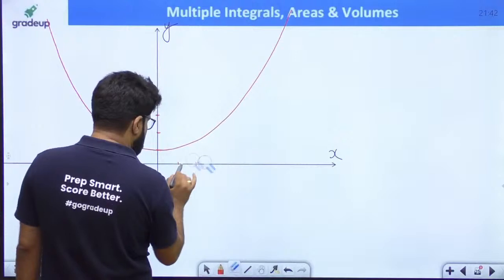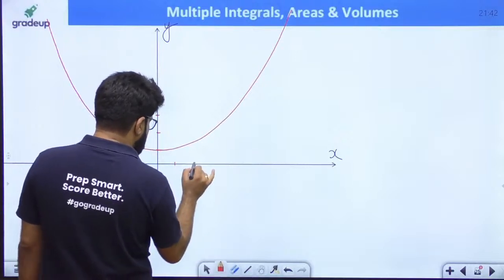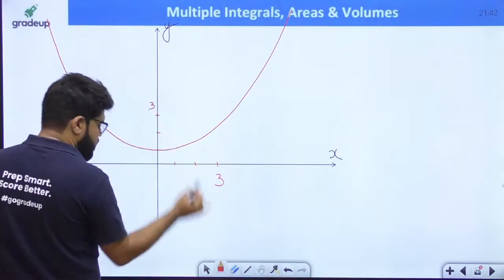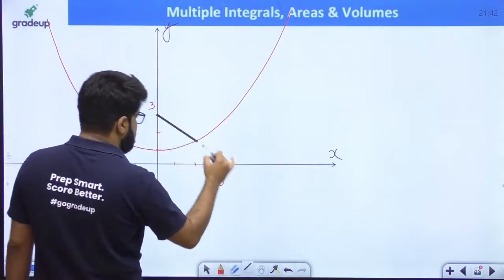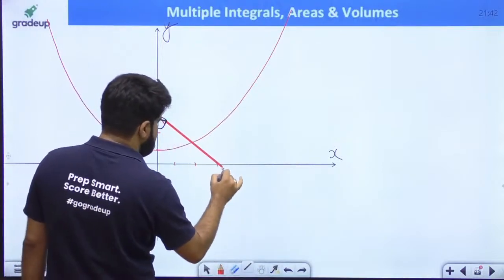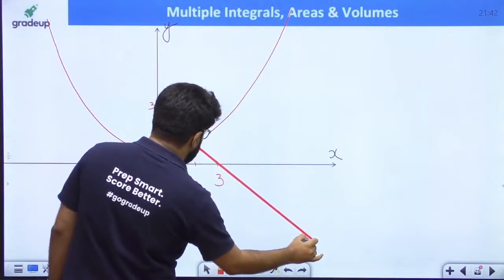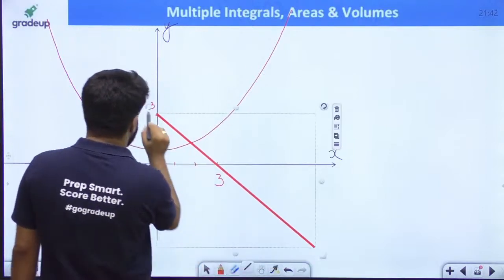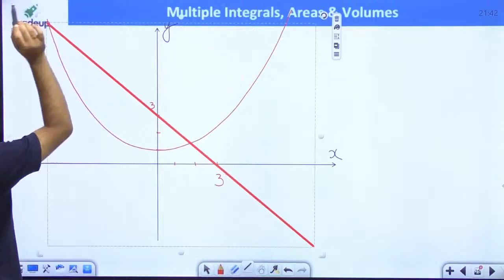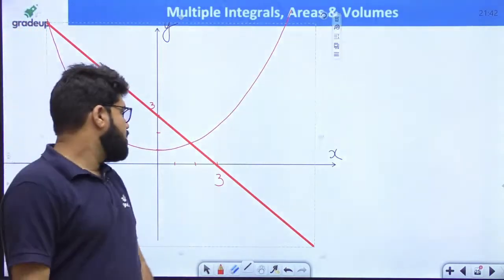X intercept is 3, y intercept is 3. A straight line passing through these points has to be considered. This is how it is.